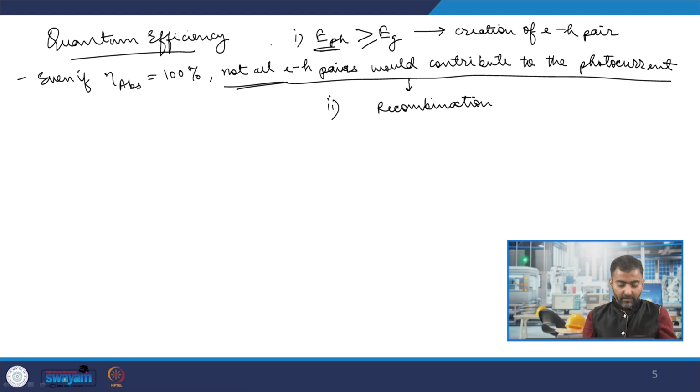So, for this reason we can define our quantum efficiency in this form. Quantum efficiency, again, there are two ways of defining. One is the external quantum efficiency.